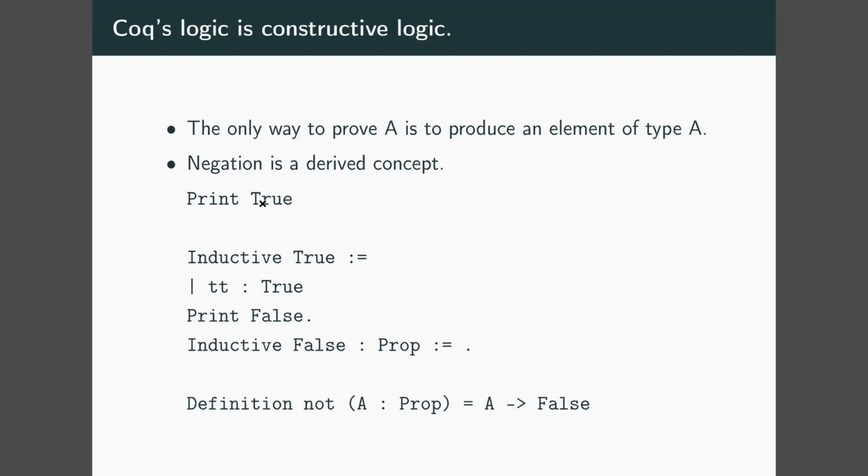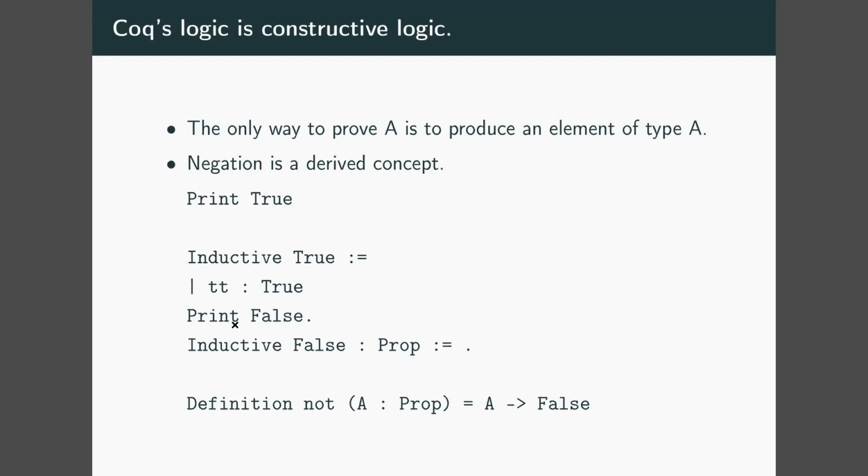Print True is the command which shows what True is. A point that I want to emphasize: the True that you see with capital T is not a boolean; it's a Prop. It is an inductive type which has just one element called tt.